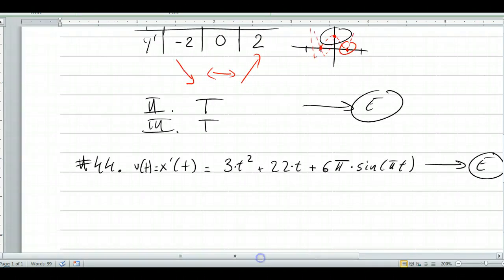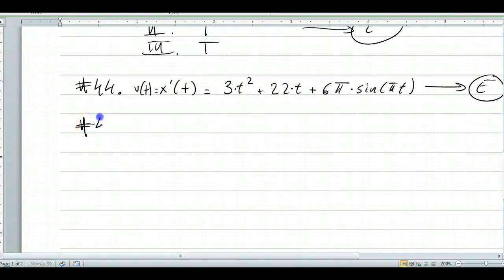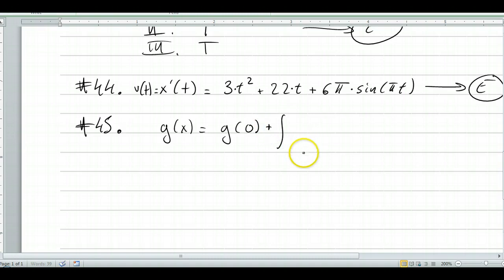Last question, number 45. The figure above shows the graph of f. Let g of x equal g of 0 plus the integral from 0 to x of f of t dt.